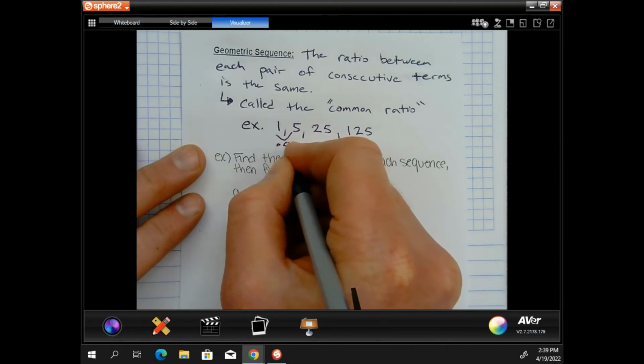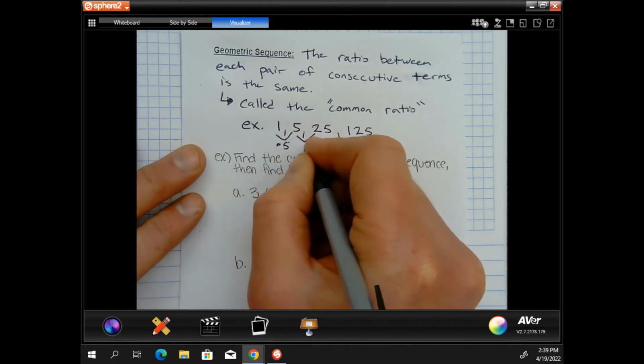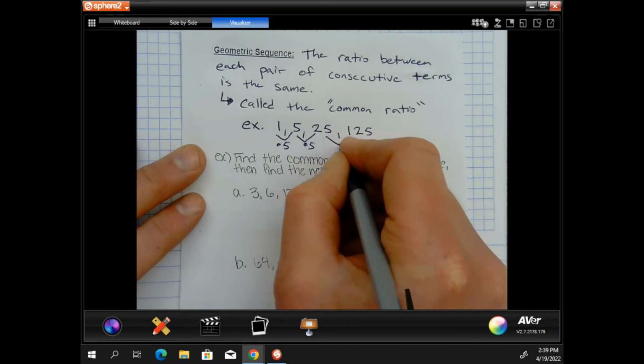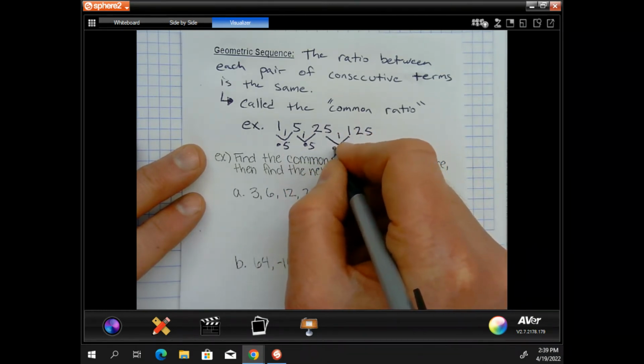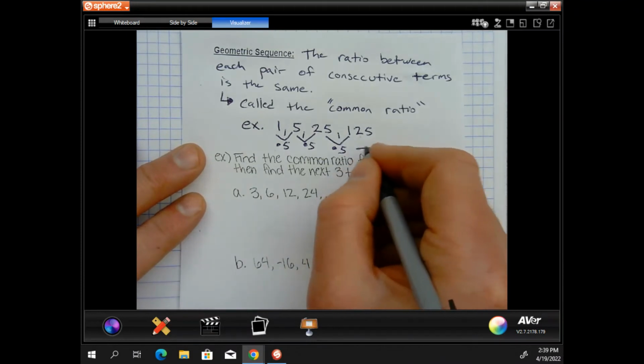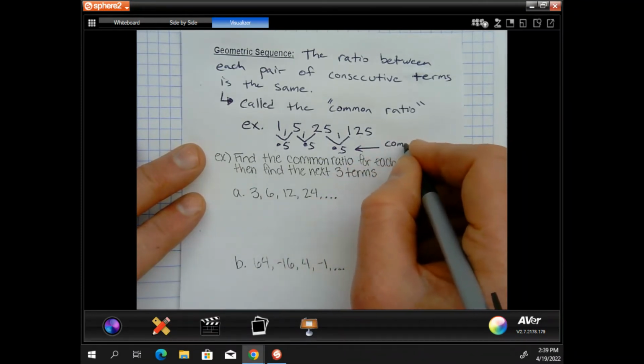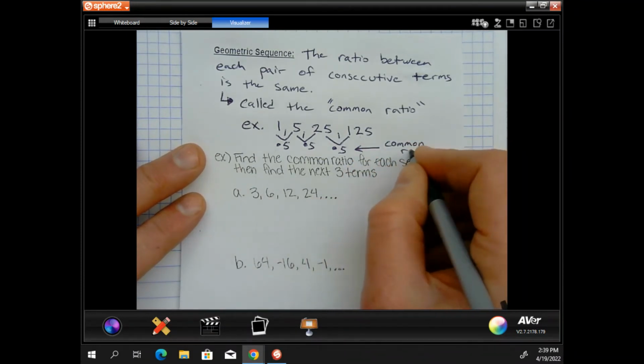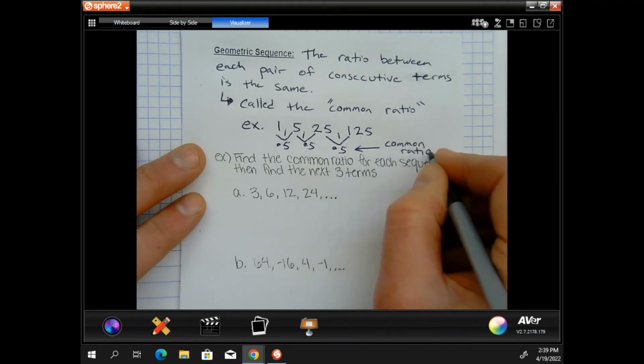So I'd make a note, multiplying by 5, from 5 to 25, multiplying by 5, from 25 to 125, multiplying by 5. This is the common ratio.